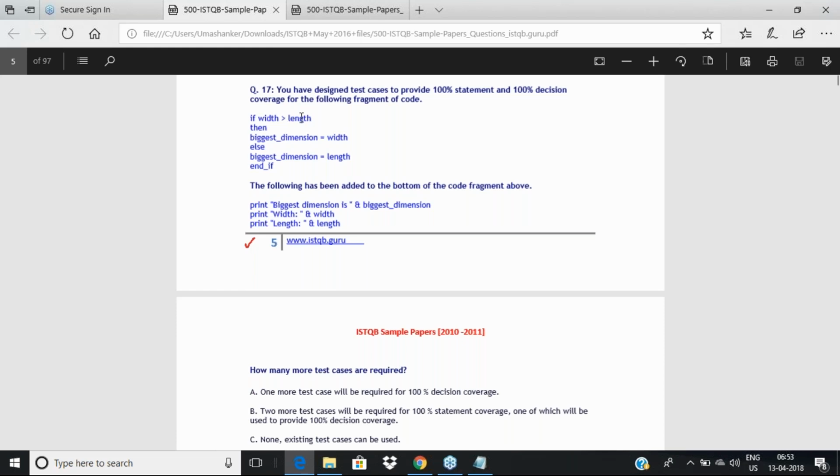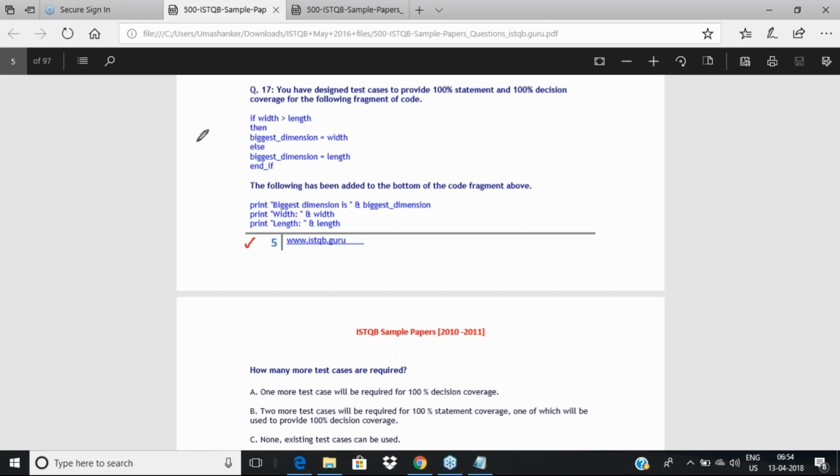First of all, how many inputs are required to test this? Can anybody tell me? How many is the least number of test cases you will need to test this? That could also be a question. Instead of coverage statements, they might ask you the least number.